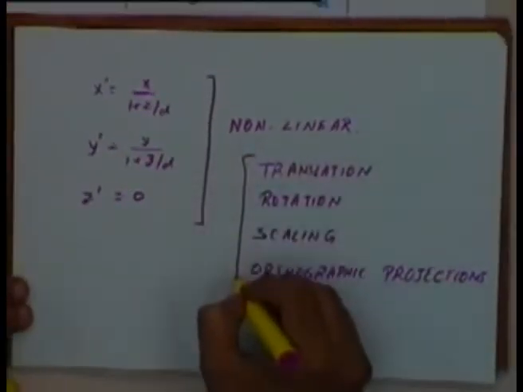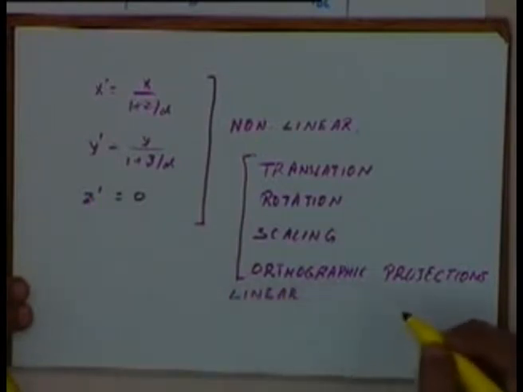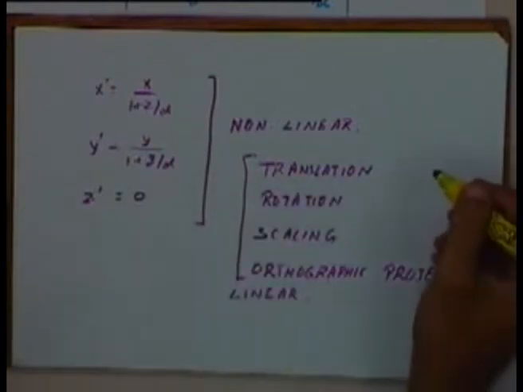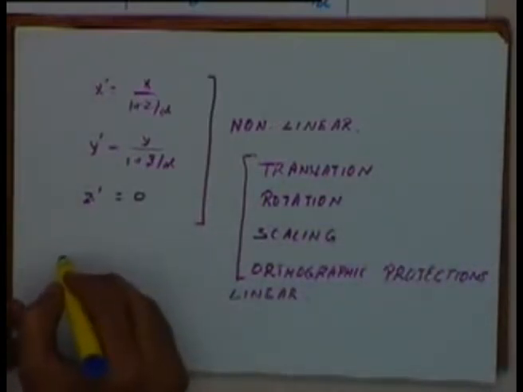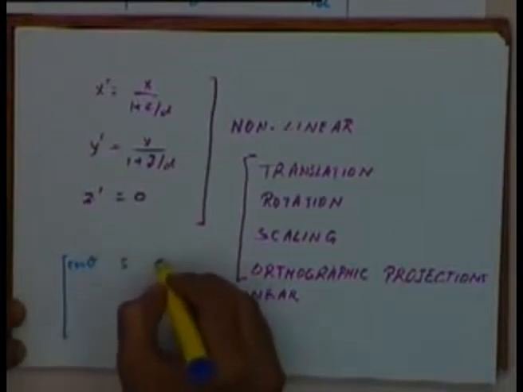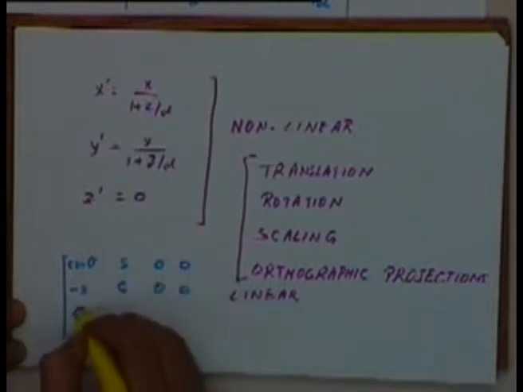All these were linear. For instance, translation was captured by just a simple addition of a translation vector. Rotation was captured by a matrix which was something like cos theta, sin theta, 0, 0; minus sin theta, cos theta, 0, 0; 0, 0, 1, 0.